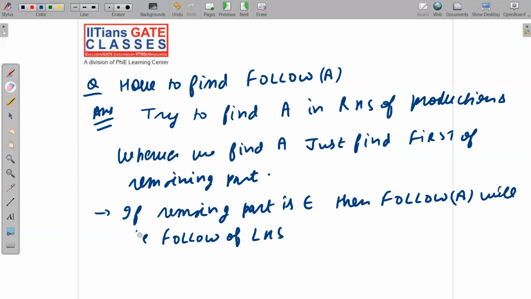We should say follow of A will contain, which is the better word. Follow of A will contain follow of LHS.